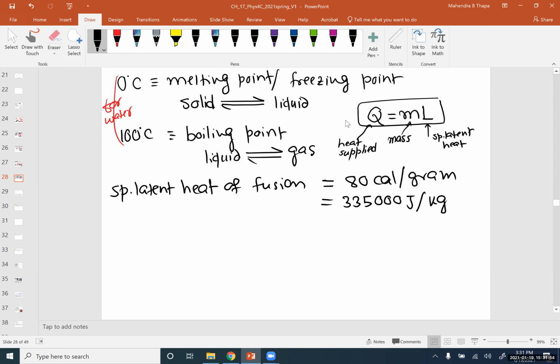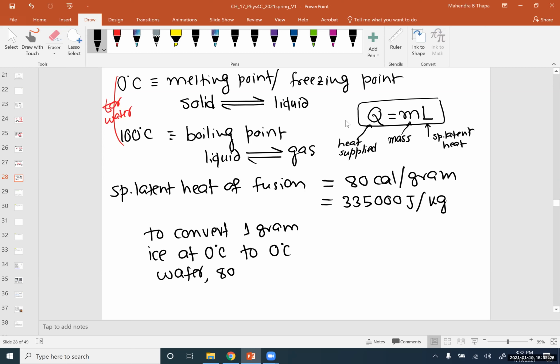So what does it mean? To convert 1 gram of ice at 0 degrees Celsius to 0 degree water, 80 calorie of heat is required.